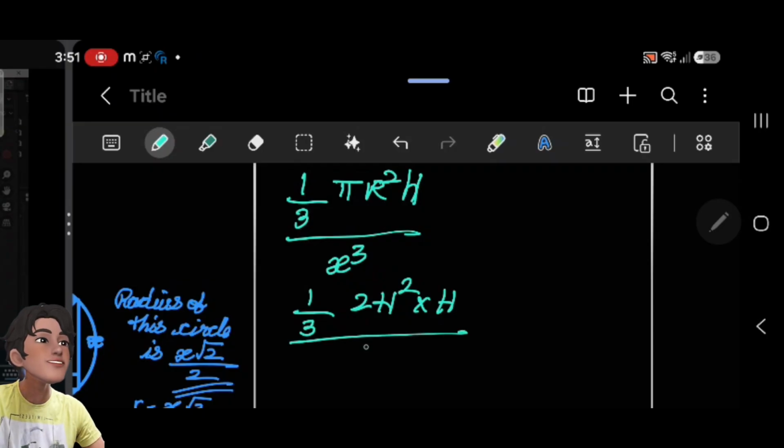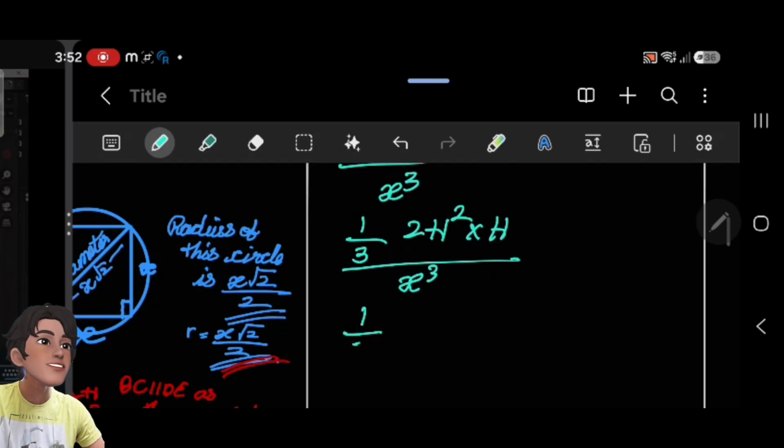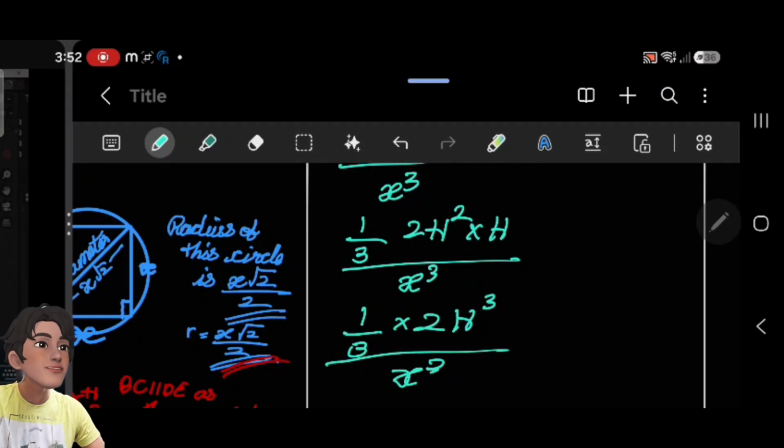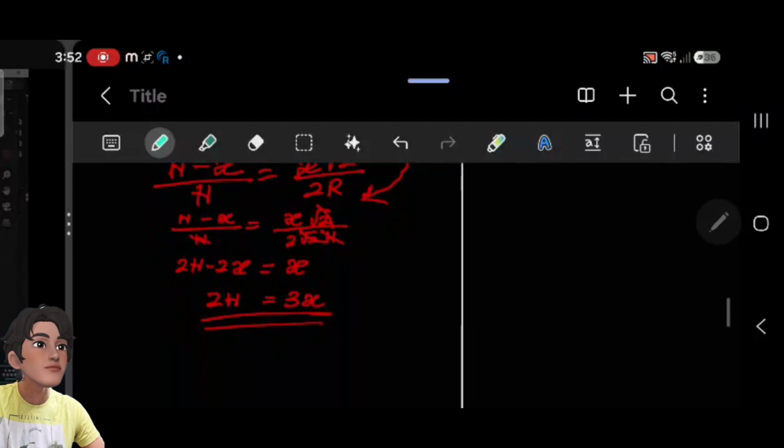We would be getting 1 by 3 times 2h square times h divided by x cube. Now it's 1 by 3 times 2h cube divided by x cube.